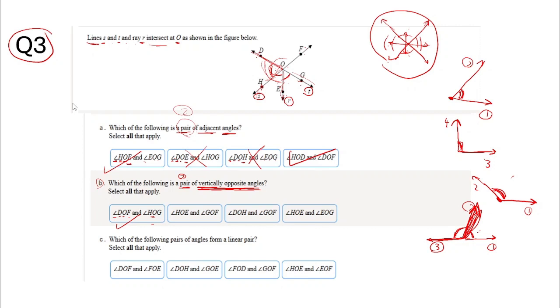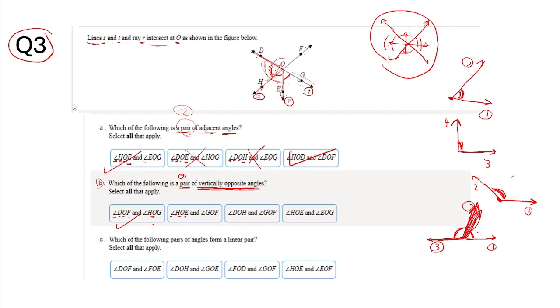Okay. Now, the other option, HOE. There is no opposite angle because there is no line here to see the opposite. So there is no opposite angle.